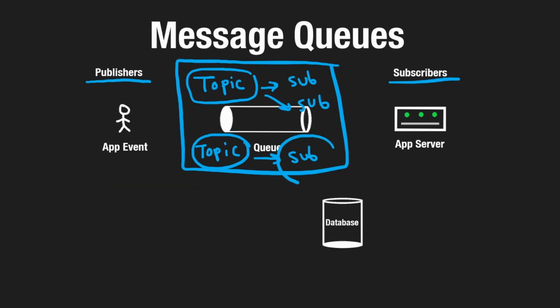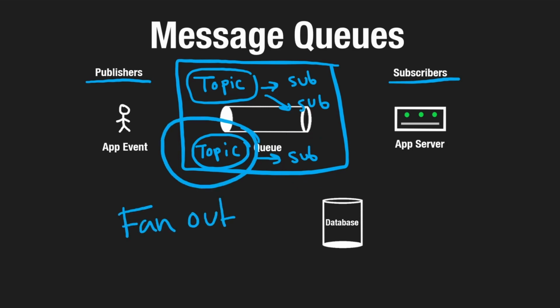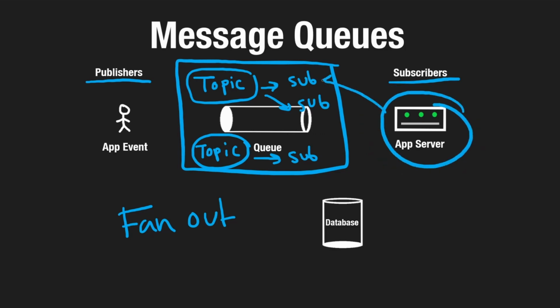And subscriptions are essentially a way for us to fan out these topics. Maybe it's not just a single application that needs this topic of message, but maybe we need multiple applications, so we fan it out to multiple subscriptions, and then that's where our application logic comes in. It will receive messages from this subscription, and a single application could receive from multiple subscriptions if we wanted to.